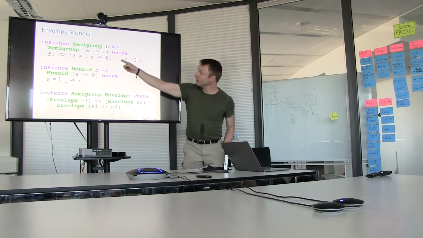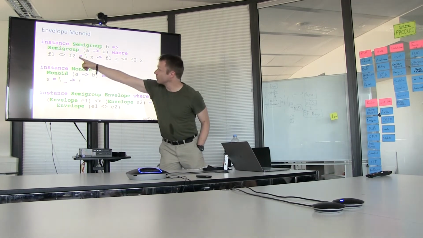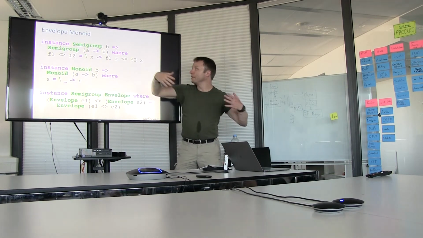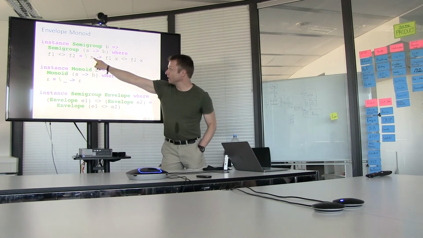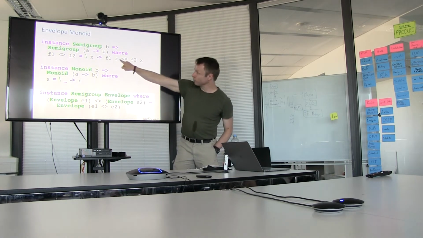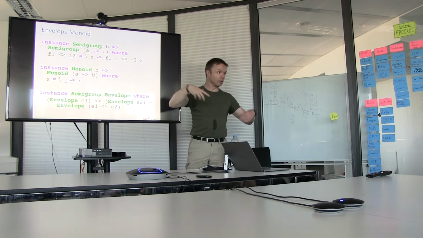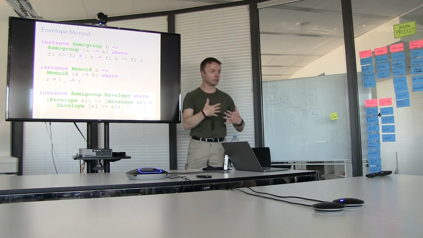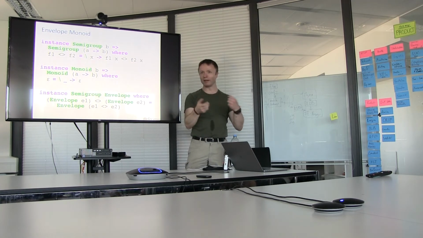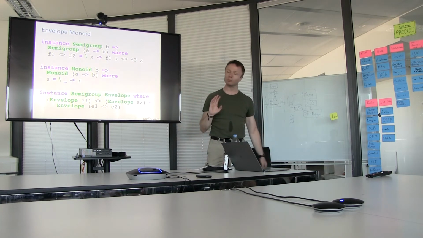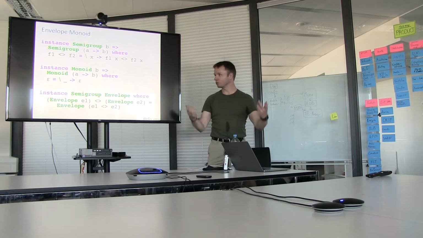If we have two functions, f1 and f2, and we combine them, then out comes another function that takes an x, and we apply f1 to x, we apply f2 to x, and now we're in the semigroup and we combine the two results. And suddenly you see algebra everywhere. Brent certainly is somebody who sees algebra everywhere and just tries to run with it.